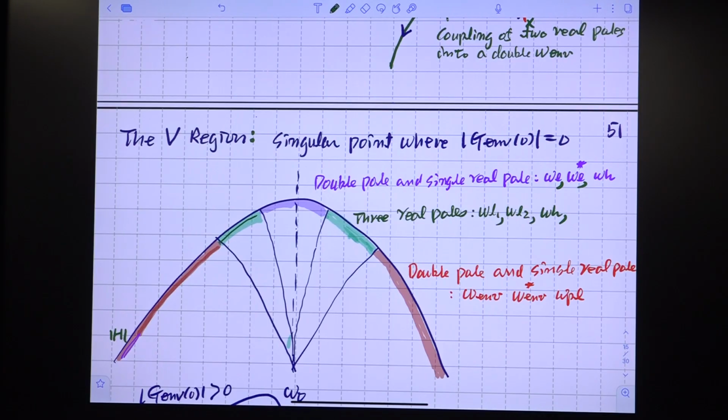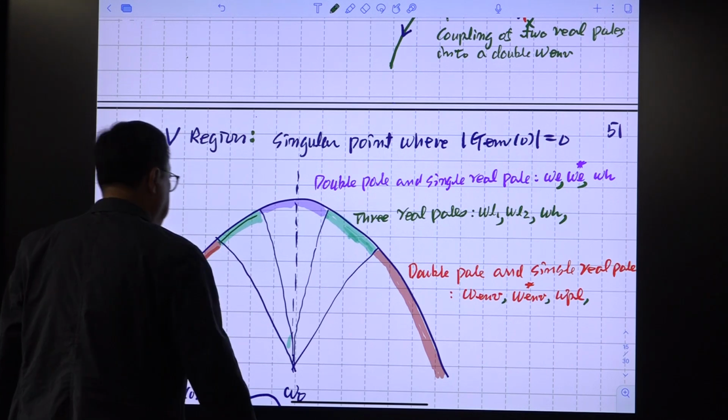One double pole is omega E and B, and another pair, another double pole, has 2 poles. One is omega E and B, the other is omega E and B star, and we have one dual pole at low frequencies. That is the conclusion of our previous interpretation.